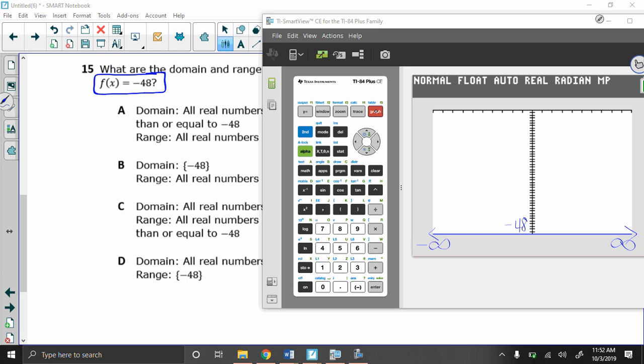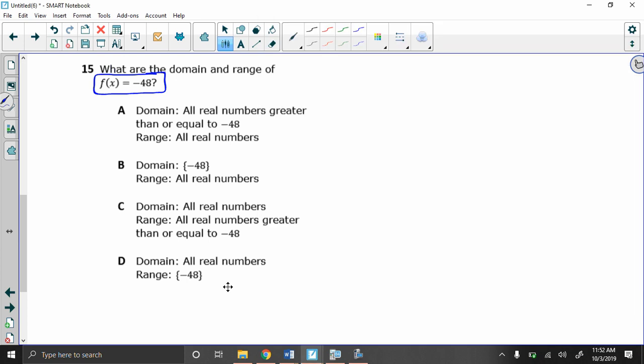And then your range. Well, if we look at this graph, it's not going up, it's not going down, it's just staying at a flat, constant rate at -48. So that means our range is going to be -48 forever. So if we look at our answer choices, we said our domain was infinity, which is all real numbers.